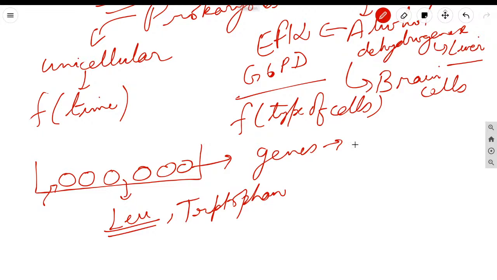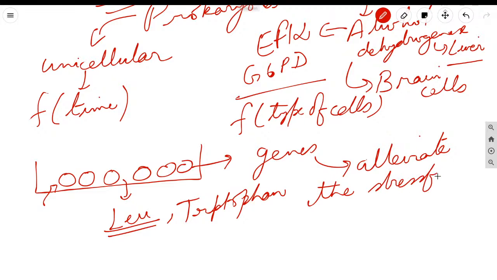So genes essential for survival, like hypoxia related factors, in humans known as hypoxia inducible factors. Here also different types of genes will be transcribed so as to alleviate the stressful conditions.